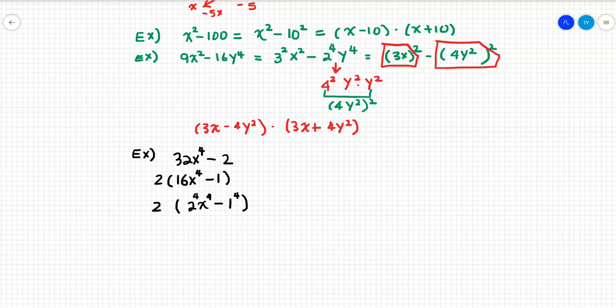Just like the previous problem, we're going to rewrite this as 4 squared x to the fourth minus 1 to the fourth. But I can rewrite the 4 squared x to the fourth like this: 4x squared minus 1 squared.